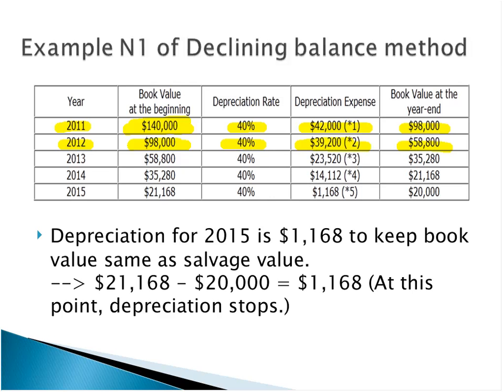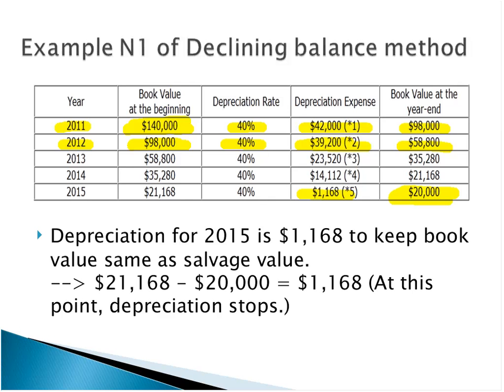So, for the rest of the years, you do the same things. And at the end of the 5th year, you will get the accumulated depreciation expenses, which would be equal to 1,168,000. And the book value, which we also call scrap value, would be equal to 20,000, right? At the end of the 5th year.